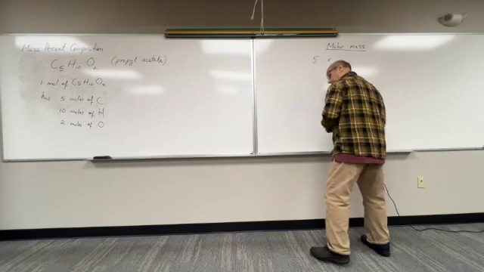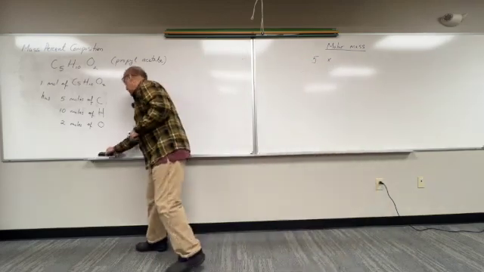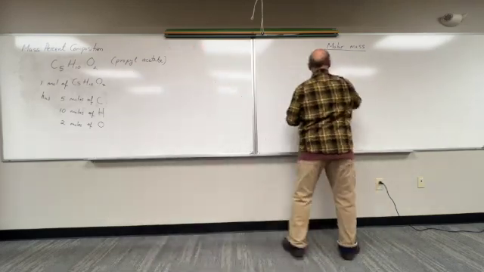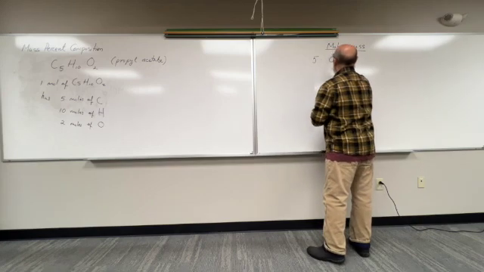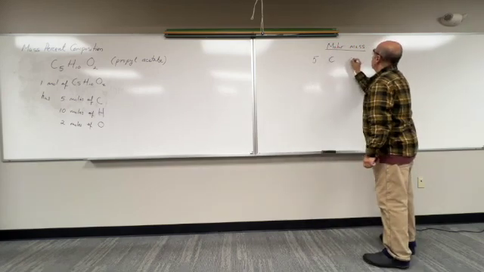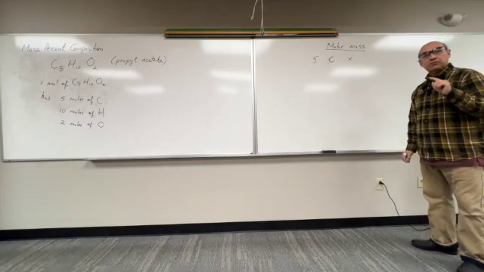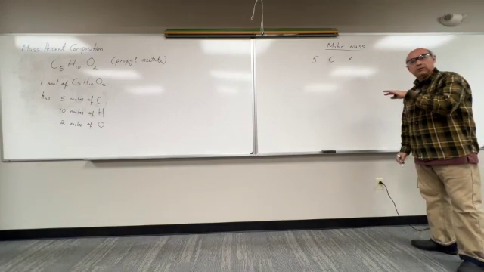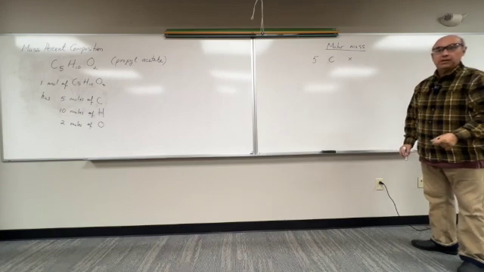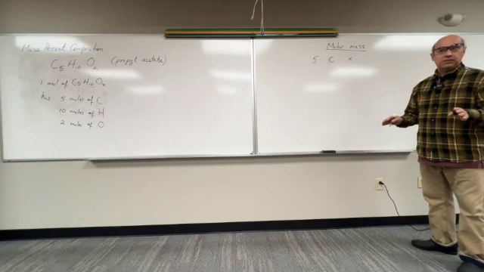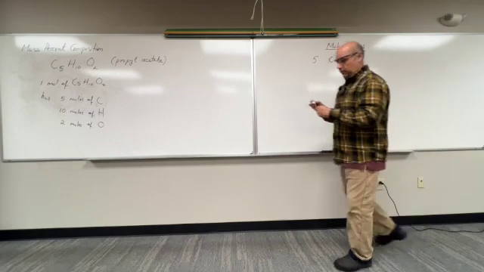Sorry. It has 5 carbons multiplied by the molar mass of 1 carbon. Now, the molar mass of 1 carbon in the periodic table is 12 point something. I'm just going to use 12 to make things easy. But that comes from the periodic table.